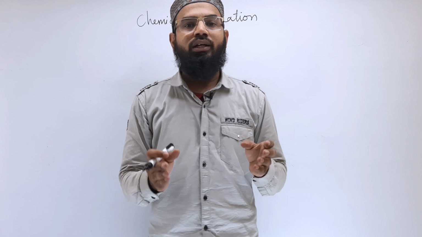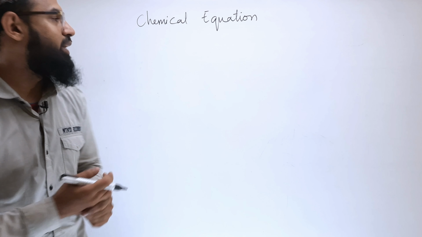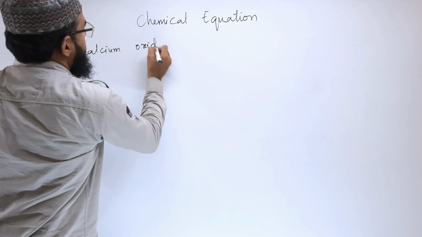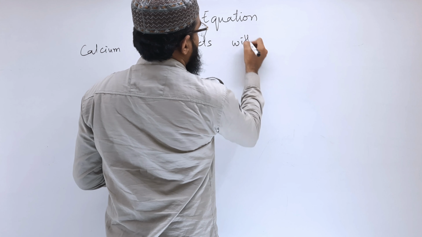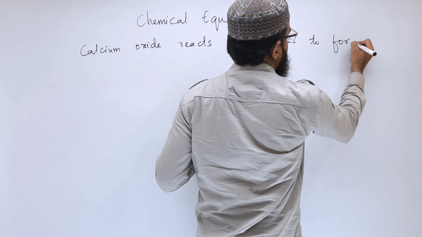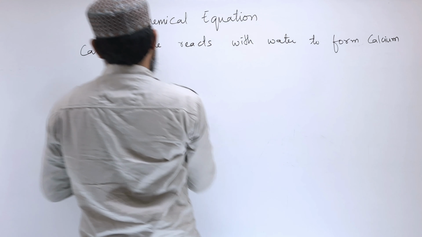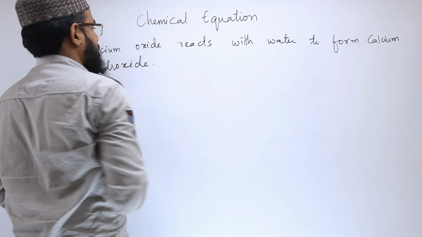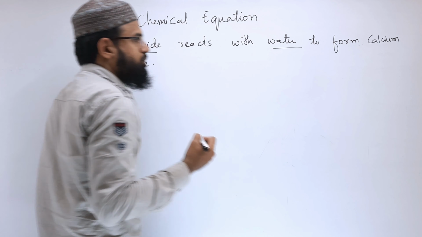Next is the chemical equation. For writing a chemical equation, suppose in activity 1 we said that calcium oxide reacts with water to form calcium hydroxide, which is totally different from calcium oxide and water.